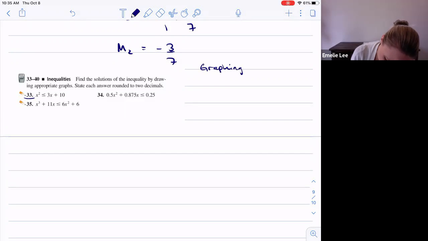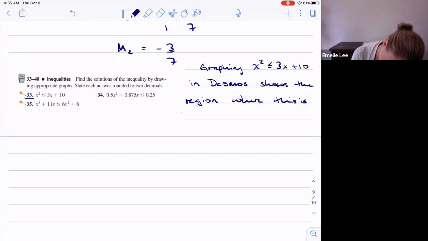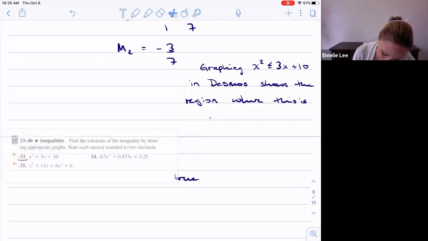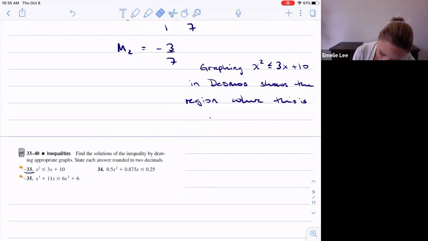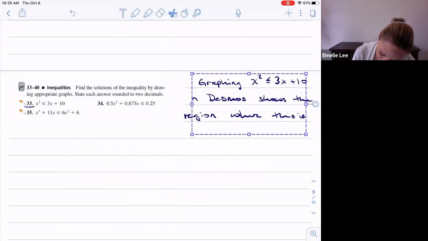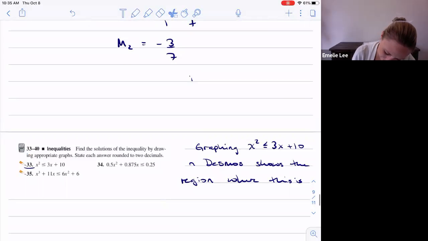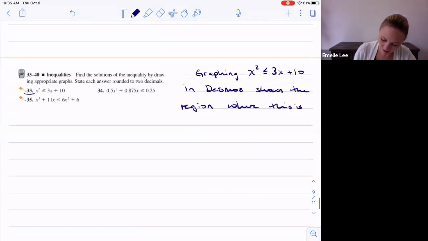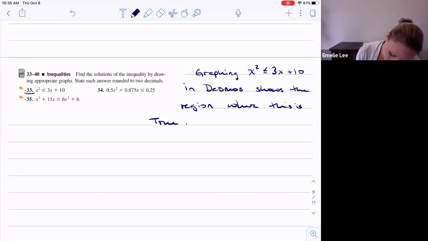Try to keep it on this one page. Graphing x squared less than or equal to 3x plus 10 in Desmos shows the region where this is true.